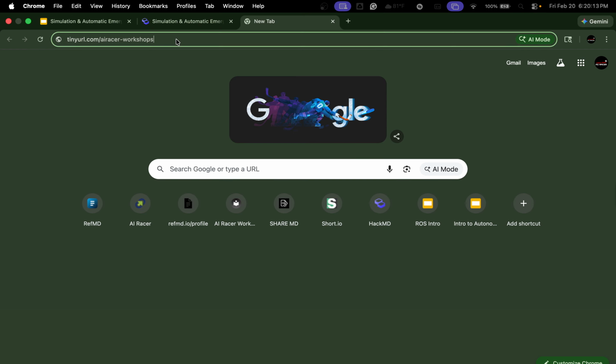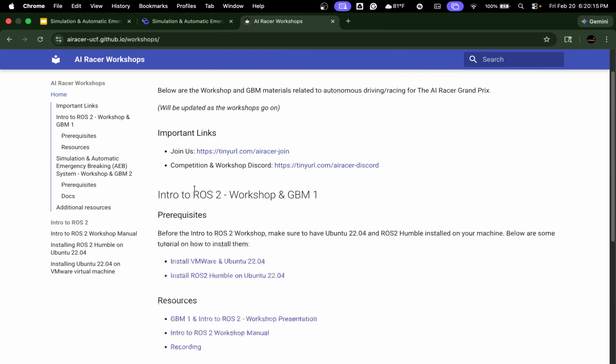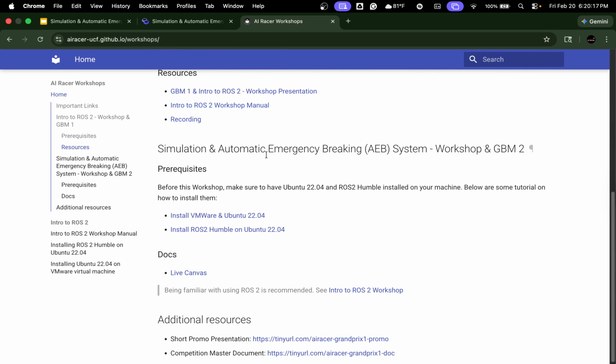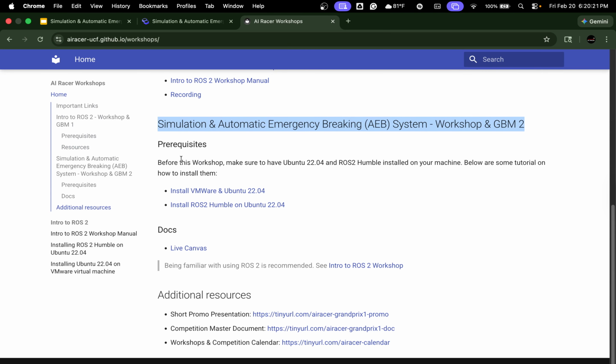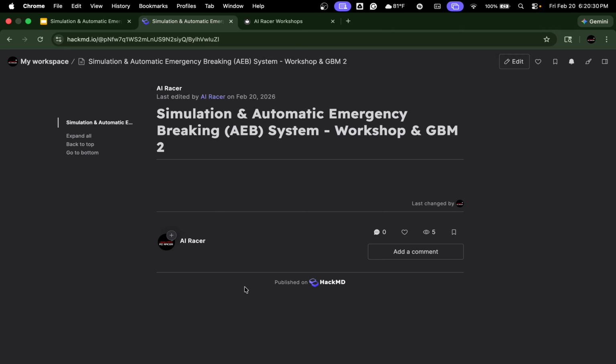Once you're on that webpage, this is the workshop that we're doing. These would be the prerequisites, which you should already have done for the most part. And then the live canvas is where the code that I will go through will be, so you can easily copy and paste them instead of trying to type them as I'm doing it.